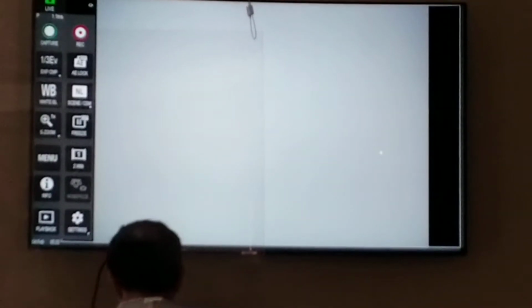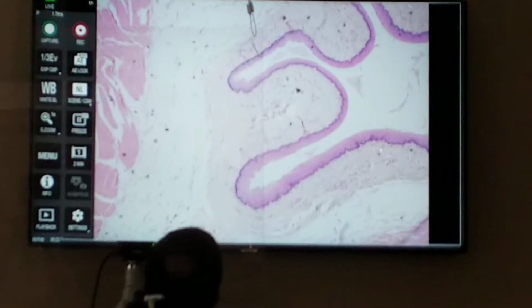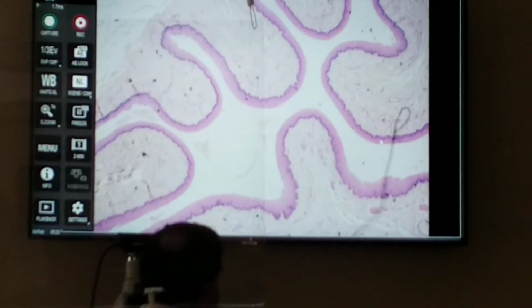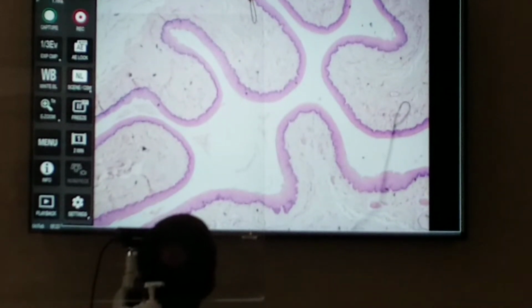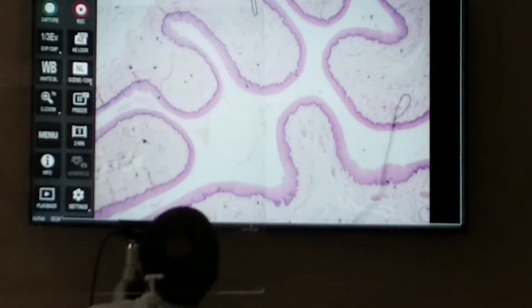Let's look at some of the slides that Victoria had here. Now, here's a structure here that has a lumen. This is a space lined by a lining epithelium.